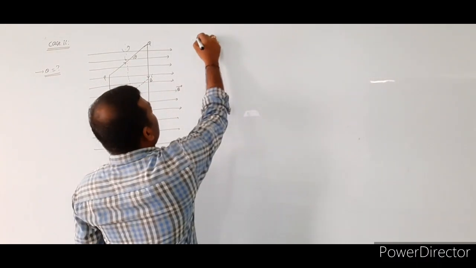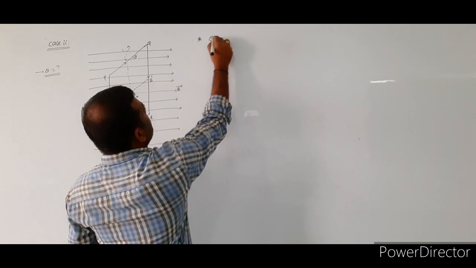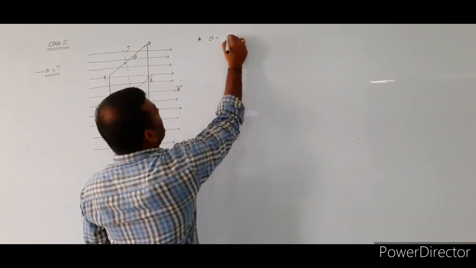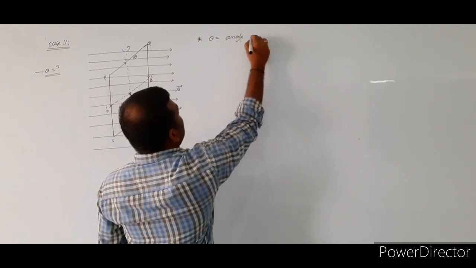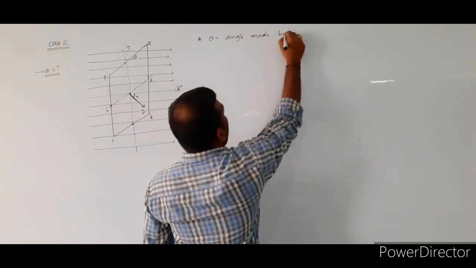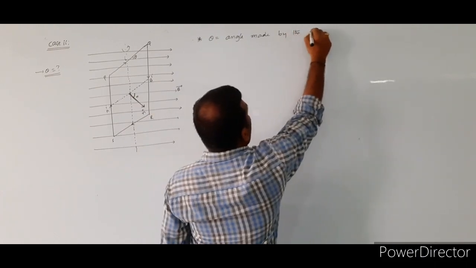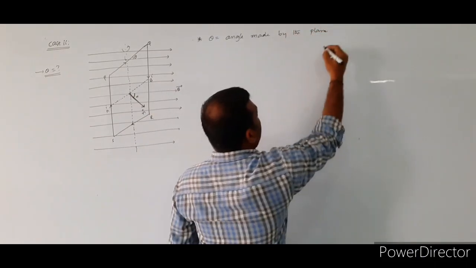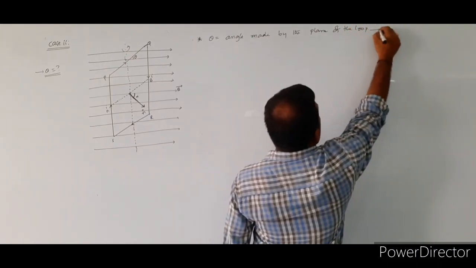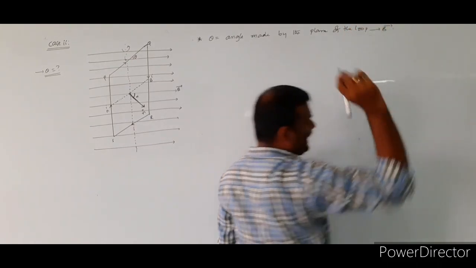So here we have to define two terms. One is theta. Theta is indicating the angle made by the plane of the loop with respect to the direction of the magnetic field.